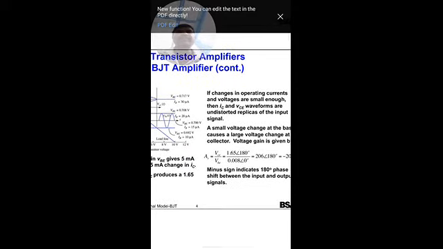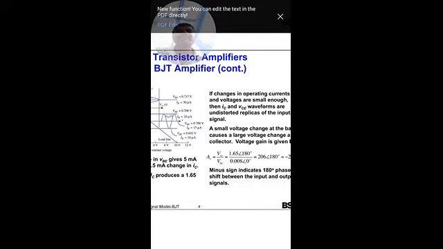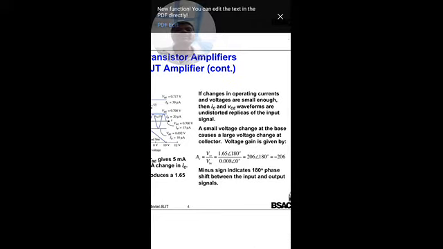We will get undistorted replicas of the input signal if the movement of the operating point, the change in the values of IC and VC with temperature or other changes in parameters of the transistor, is very small.